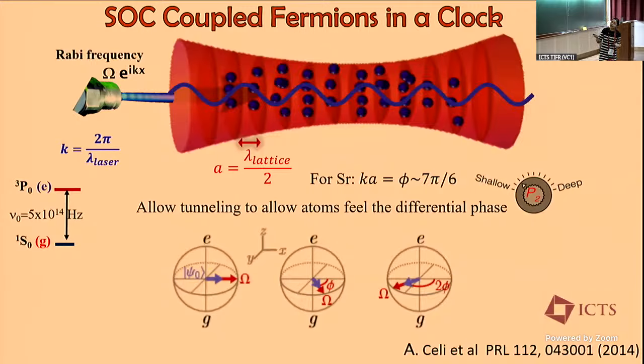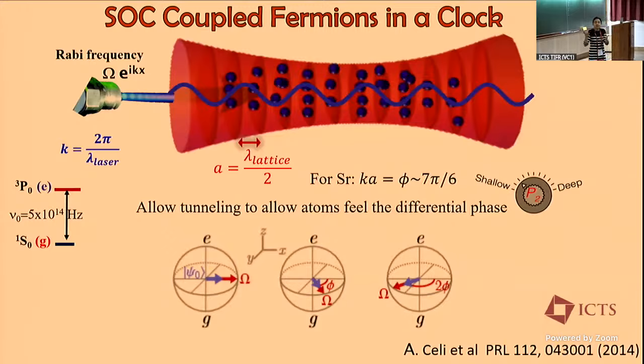The important part is that the wavelength of the laser that we use to interrogate the clock transition is optical, as I mentioned, and therefore comparable with the lattice spacing that we use to trap the atoms in this magic potential. So that means that k times a is not a negligible quantity; k times a can be of the order of pi.